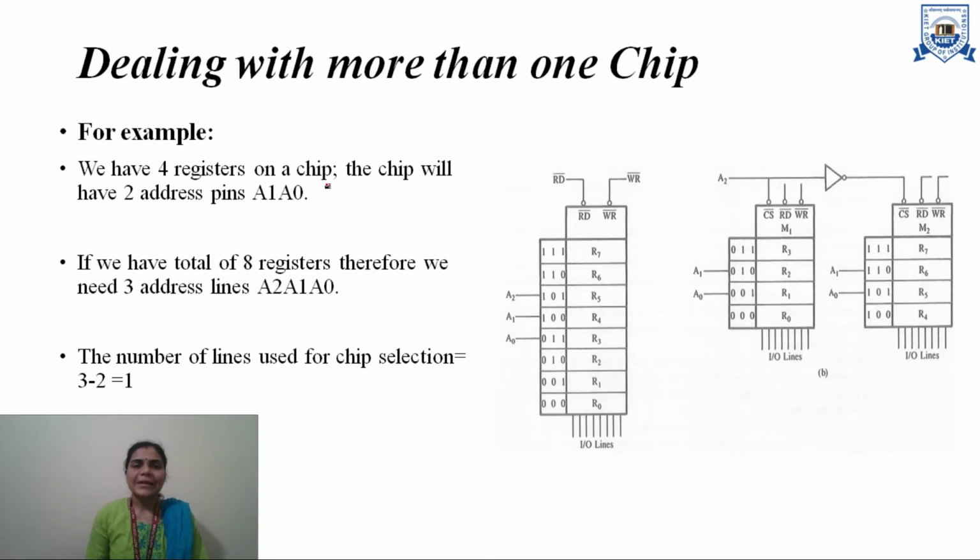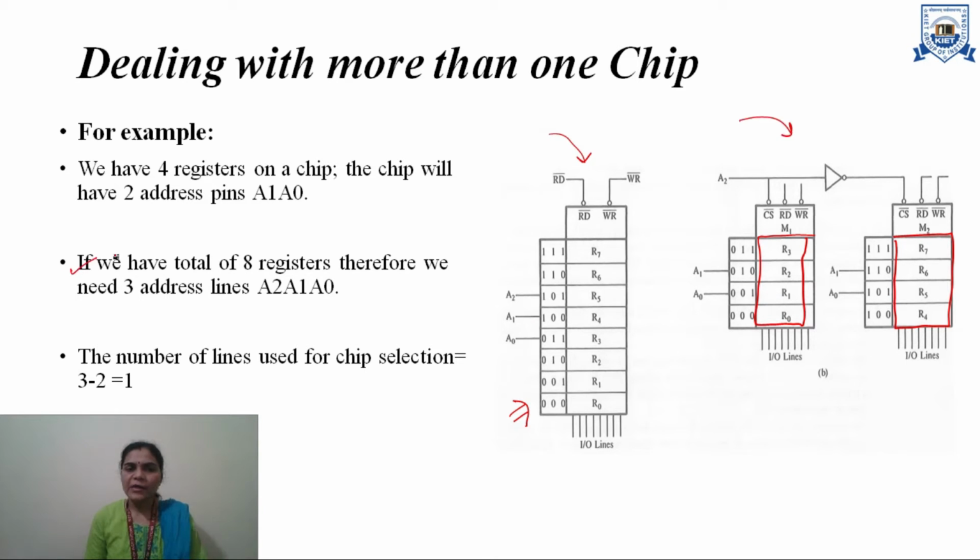Now, dealing with more than one chip. Suppose we need 8 registers. So according to the 8 registers, we require 3 address lines, A0, A1, A2. If we have 4 registers on a chip and 4 registers on another chip, then how to configure 8 registers?